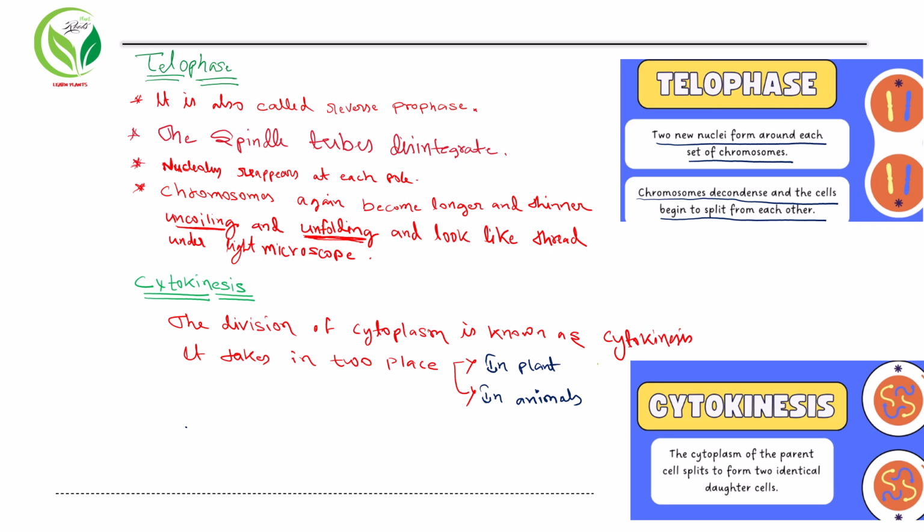And last is cytokinesis. What is cytokinesis? It is the division of the cytoplasm, which is known as cytokinesis, and it takes place in plant cells and in animal cells.